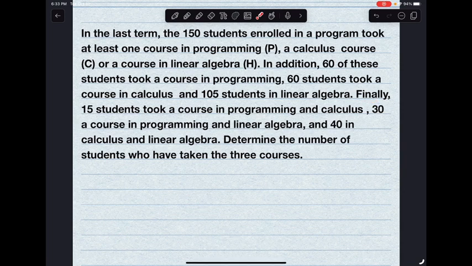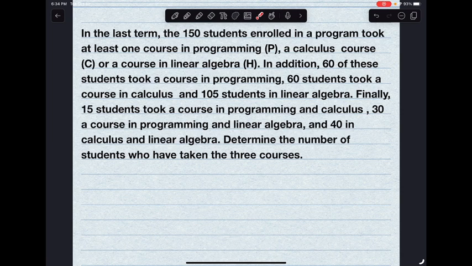Finally, 15 students took a course in programming and calculus, 30 a course in programming and linear algebra, and 40 in calculus and linear algebra. Determine the number of students who have taken the 3 courses.